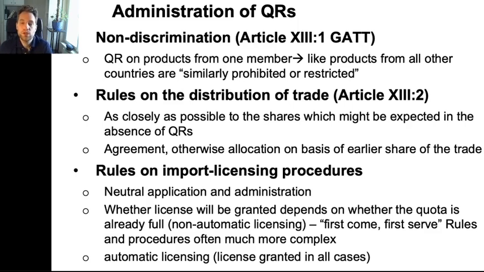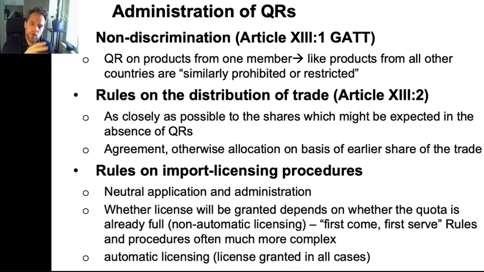Then there are rules concerning the distribution of trade. So if you impose a quantitative restriction, then you have to allocate the exports that are nevertheless still allowed on, let's say, a basis that would percentage-wise also be expected if there was no quantitative restriction at all.